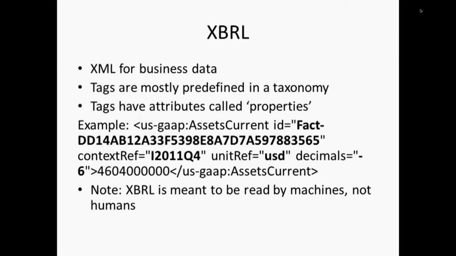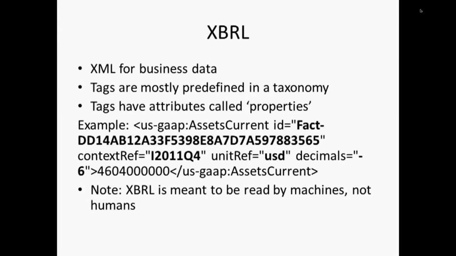So maybe next year they'll have an assets current tag, but it'll have a different unique identifier. This is like when you talk about a database, it needs a primary key. No other fact or piece of information in the XBRL document will have this identifier. And probably, the idea is that across all companies, no one else is going to use this identifier.